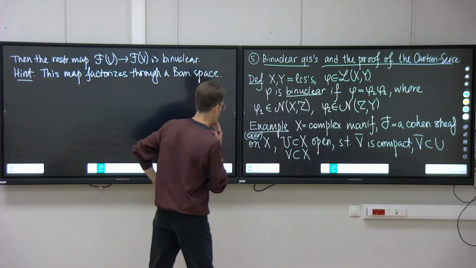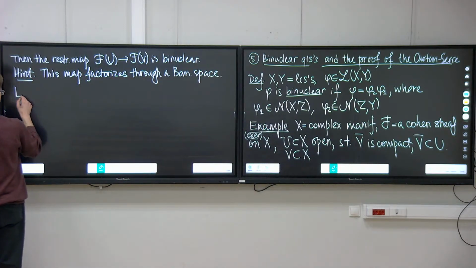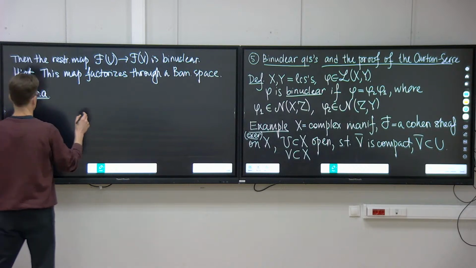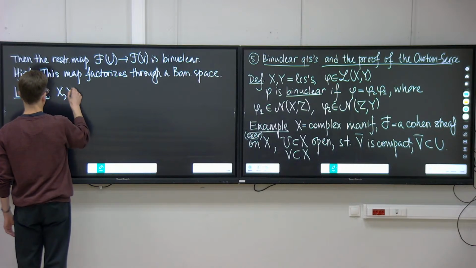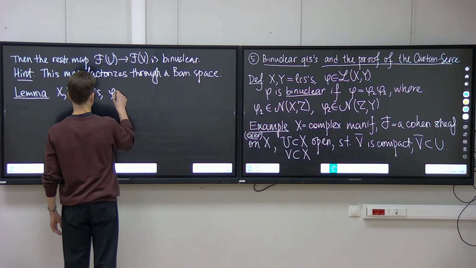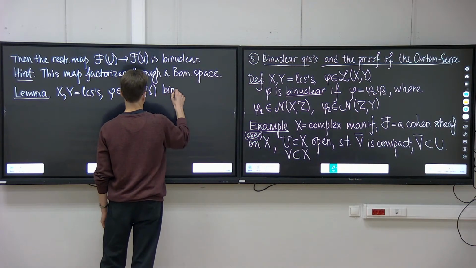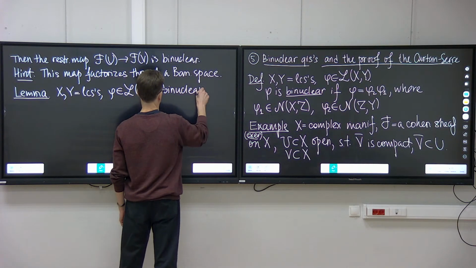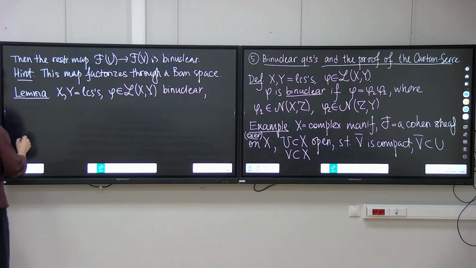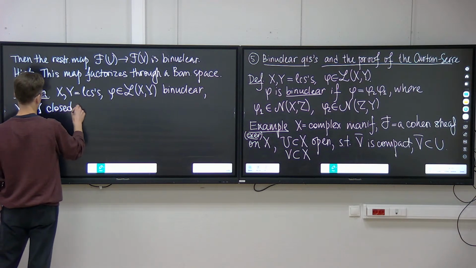Okay. So why do we need binuclear maps? This is the main advantage of binuclear maps as compared to nuclear maps. Suppose that X and Y are locally convex spaces, and phi is a binuclear linear map from X to Y, such that its range is contained in some closed vector subspace Y1.